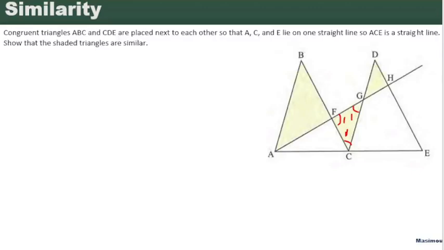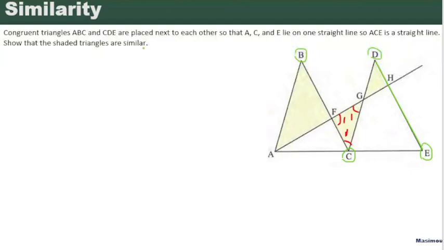To prove these two triangles CFG and GDH are similar, first of all, I try to prove that this line DE and this line BC are parallel.